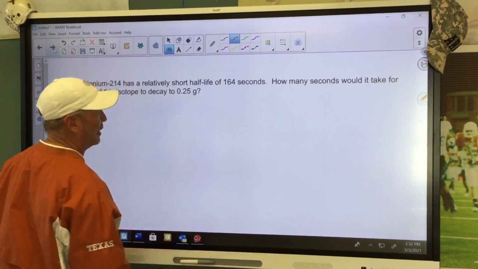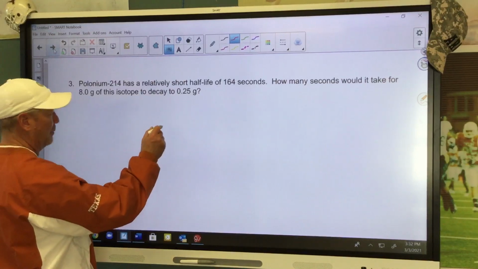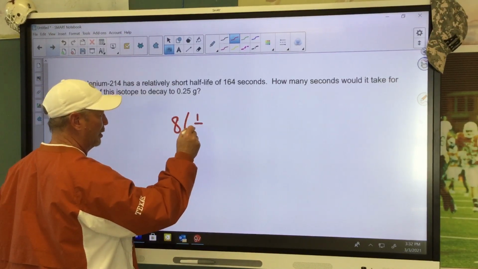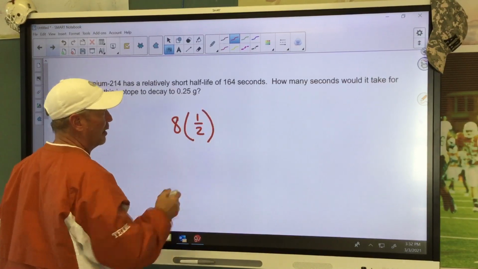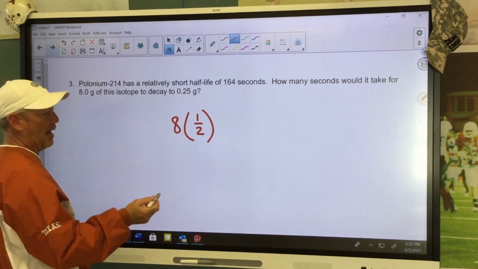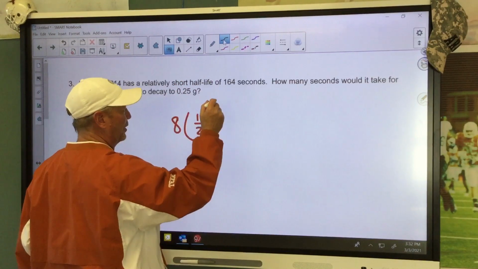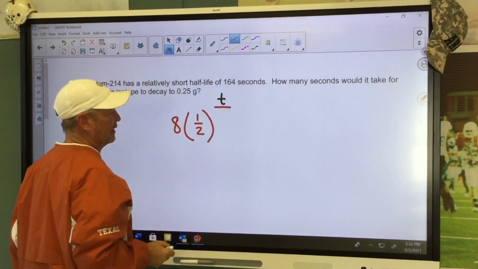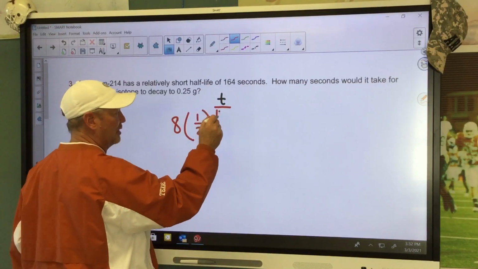Okay, so our initial amount is 8 grams. Use your 1/2 that's in the equation. It says the time, I don't know what the time is. That's the one thing we don't know. But it says it has a half-life of 164.